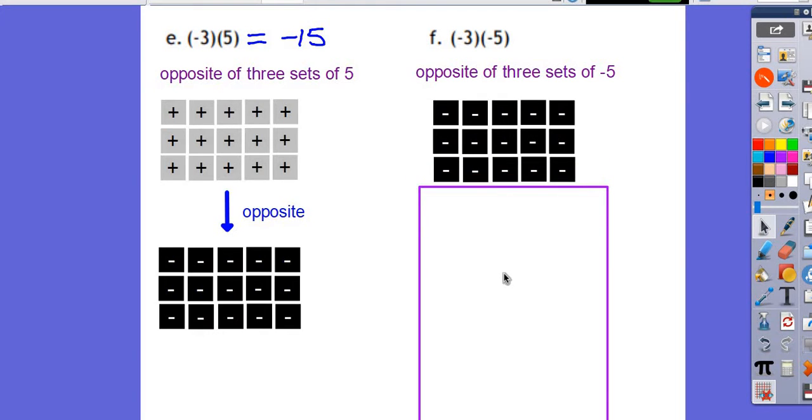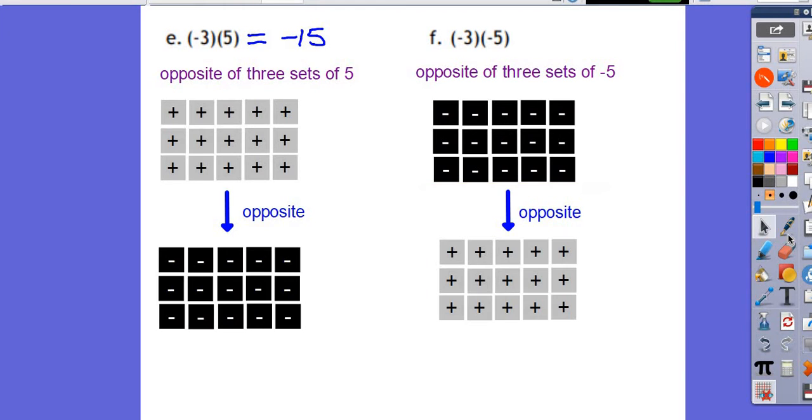So is my final answer going to be positive or negative? Positive when I flip them all around. Positive what? Positive 15. Okay, so we're modeling our multiplication of integers with pieces.